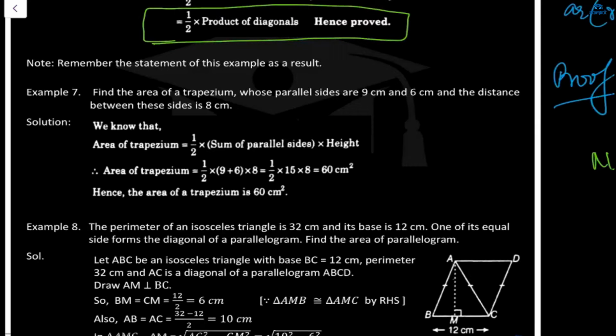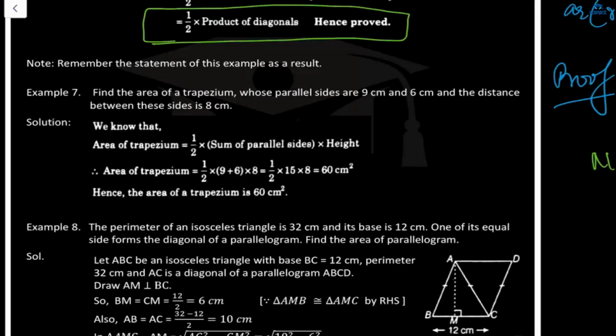Now this is a simple question. Find the area of a trapezium whose parallel sides are 9 centimeter and 6 centimeter and the distance between these sides is 8 centimeter. Ma'am, in this we just have to use the formula: half into the sum of the parallel sides times the height.